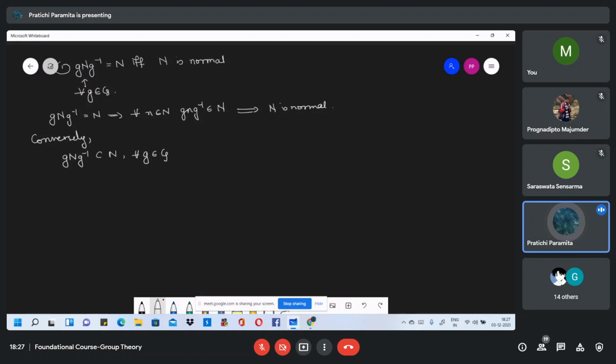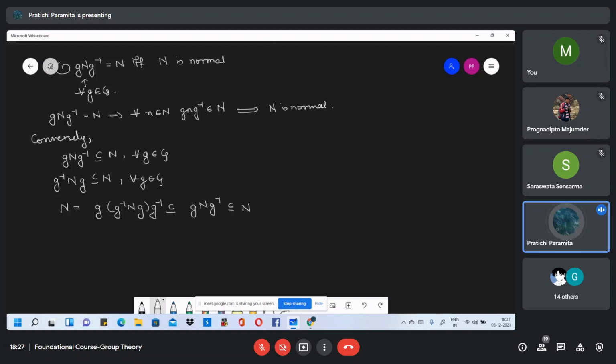Why only g? I can take g inverse Ng also. This is also a subset of N for all g in G. So N is nothing but g, g inverse Ng, g inverse.